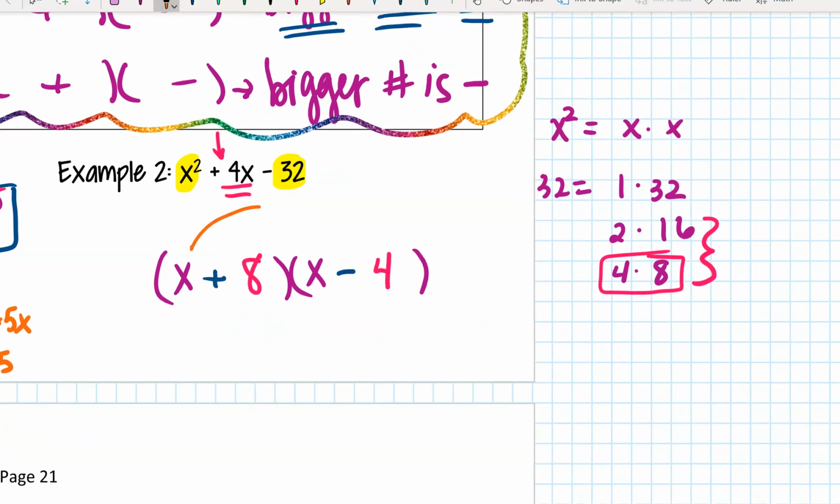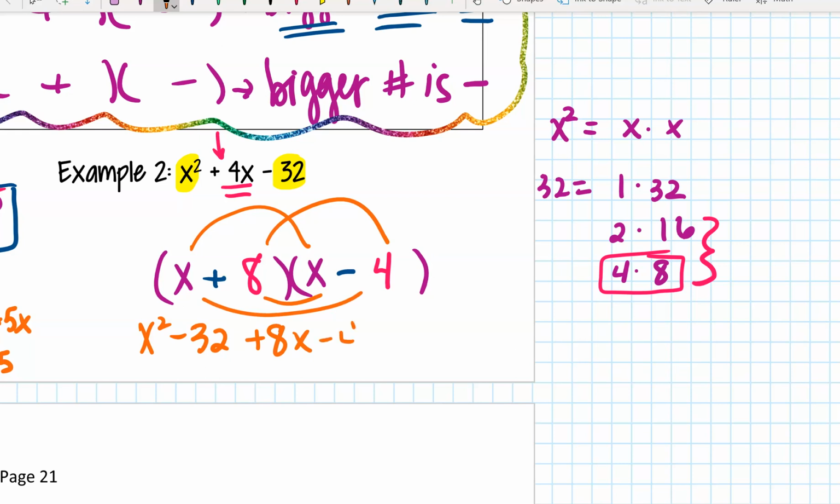If I did x times x, which is x squared, 8 times negative 4 gives me a negative 32. Good so far. The nose, or the inner, is my 8x, and then I have my minus 4x. So then in standard form, this should be x squared plus 4x minus 32, and it should be exactly what I started with, which means when I chose my factors over to the right here, my 4 and 8, I did a good job of choosing.